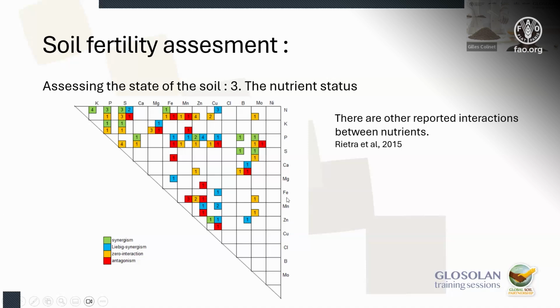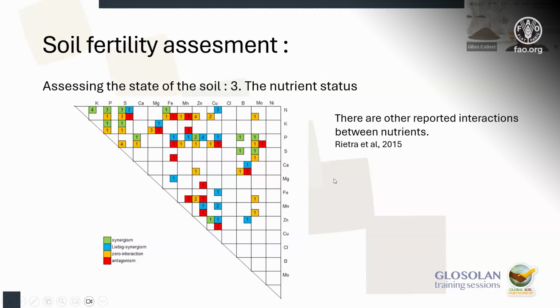So this is a study that was published in 2015. There are probably many others, but it gives you indications about the number of studies where they found what kind of interaction. When it's green and blue, it means that there are globally synergies between the elements, and when it's red, it means that there is antagonism.